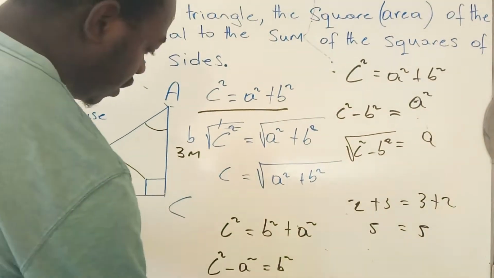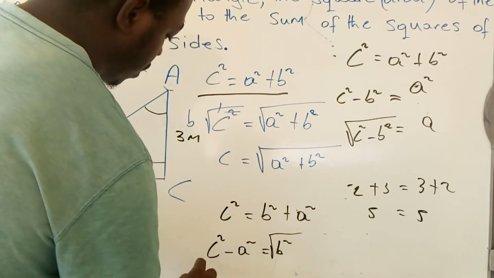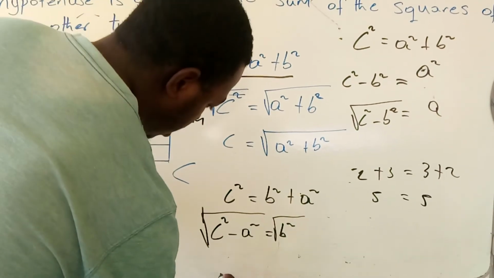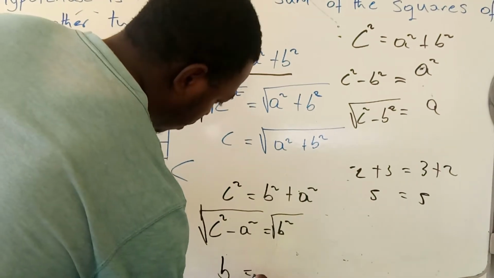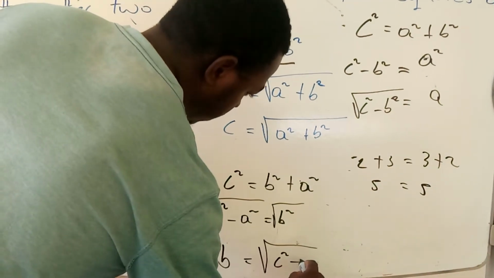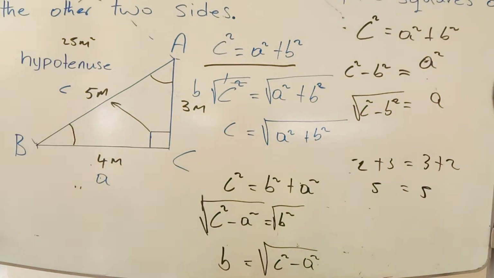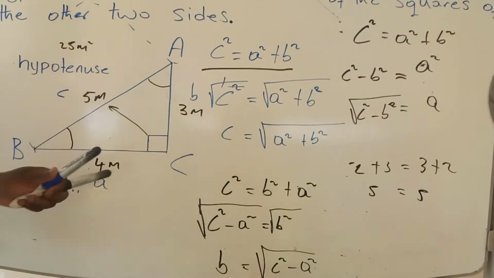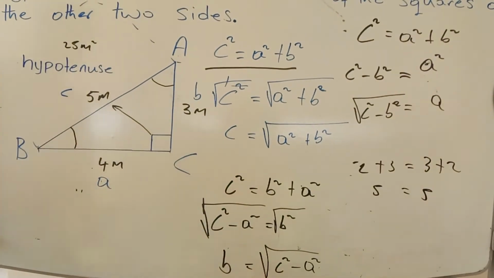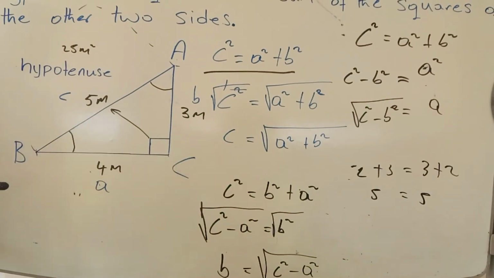You can go further and root both sides, which is to square root this and square root all of this, then you get b equal to the square root of c squared minus a squared. Now remember that c squared represents the hypotenuse in this case based on the formula we are using. So c squared will represent the hypotenuse, right?